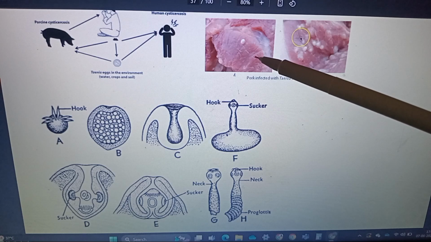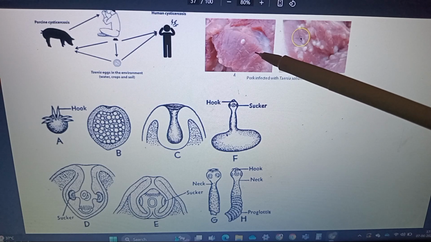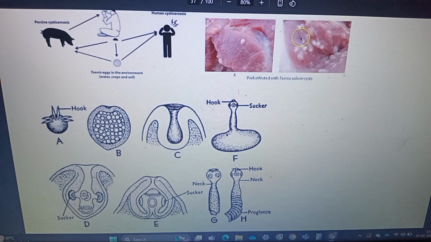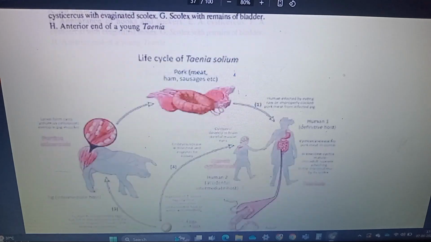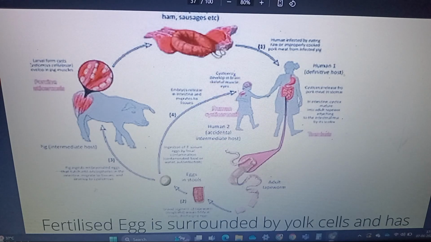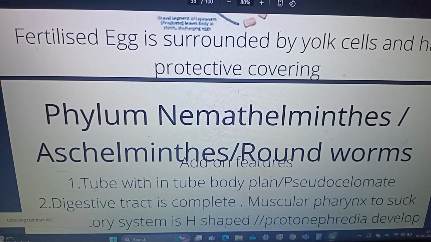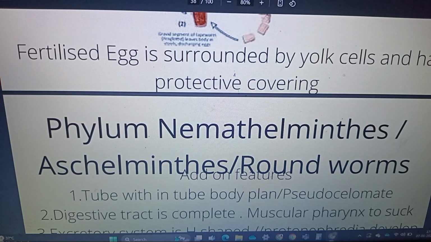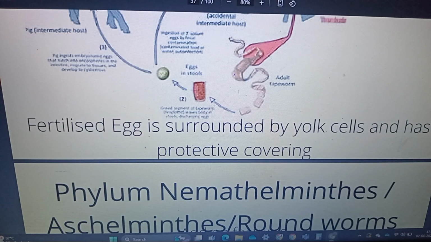The beef, which is cow meat, will give the Taenia saginata, and the pork will give the Taenia solium. So this was phylum Platyhelminthes. Thank you.